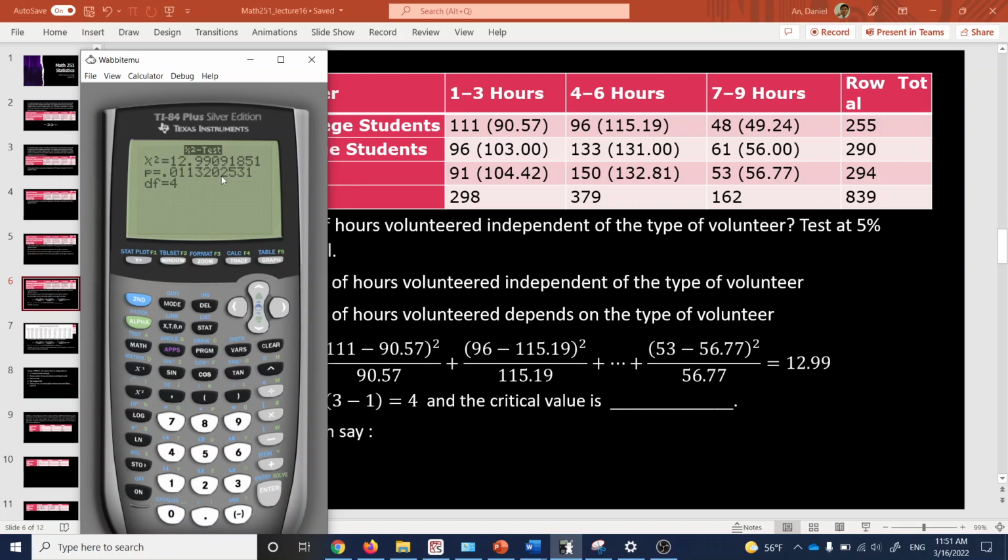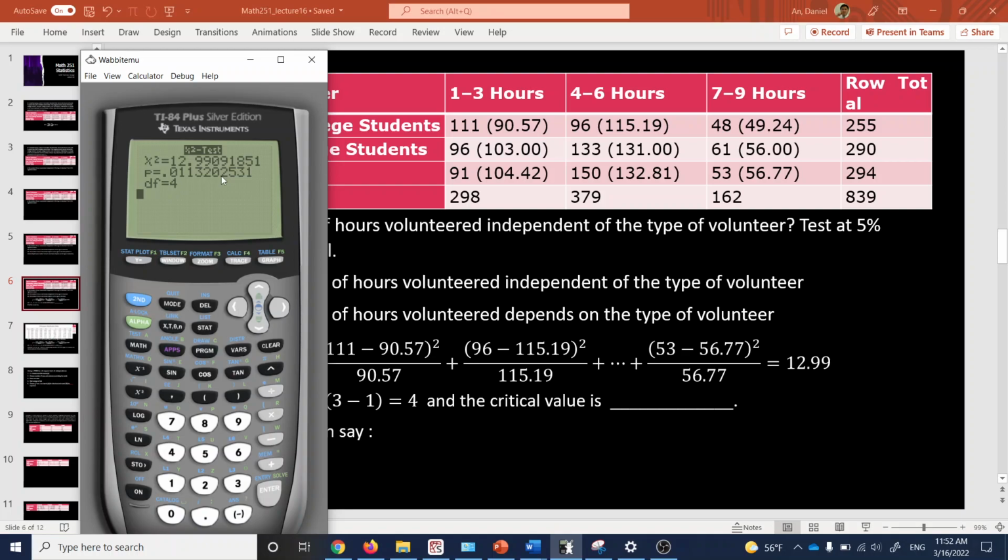Right. Now notice that in the previous cases when we had mu equals something and the alternative was either mu greater than a number, less than a number, or not equal, depending on that, we had to choose what kind of test, right? We had the two-tailed test if it's not equal. We had the right-tailed test if it's bigger. If mu is bigger than a number, that's right tail, and then left tail if it's mu less than a number.